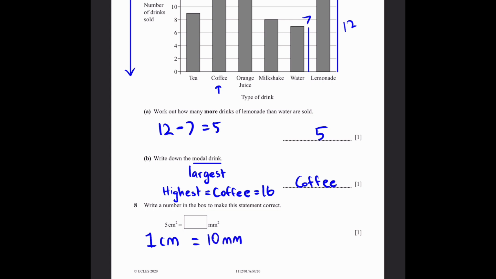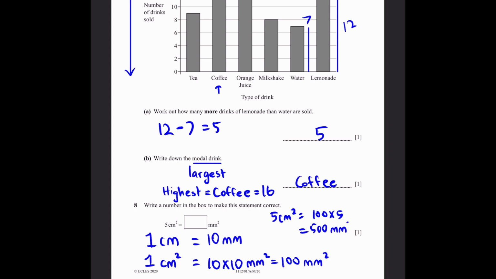But 1 centimeter squared is not equal to 10 millimeters squared. 1 centimeter squared is equal to 10 multiplied by 10 millimeters squared, or 10 squared, which is equal to 100 millimeters squared. So 5 centimeters squared will be equal to 100 multiplied by 5, which is equal to 500 millimeters squared. So let's write that down.